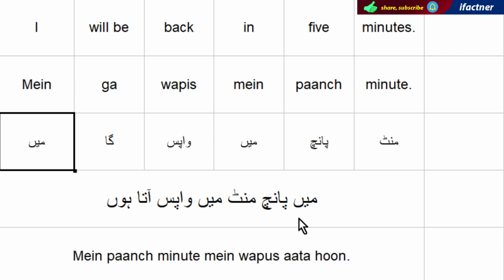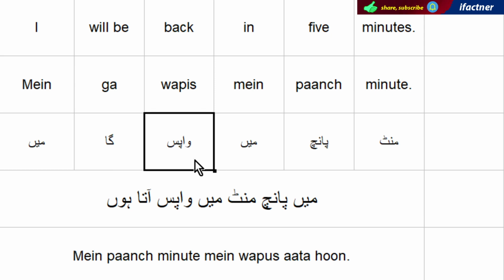We start with the subject which is मैं. Then comes the time 5 minute. मैं and then the verb वापस आता हूँ. So in Urdu we start with the subject, then the time information, the object, and then the rest of the sentence.